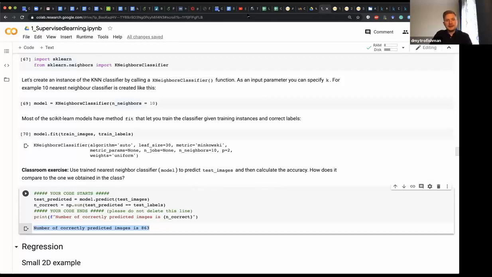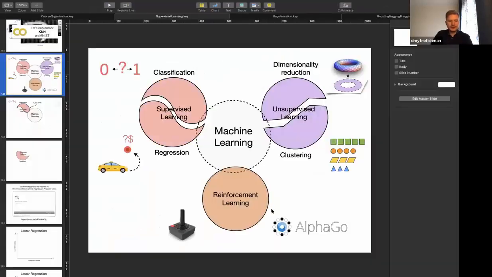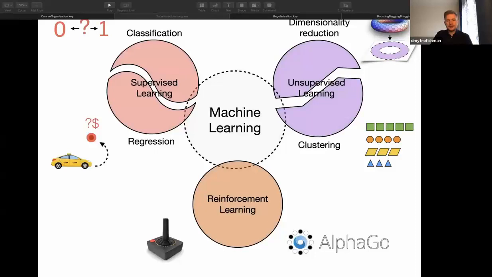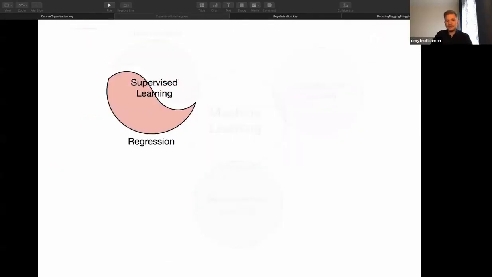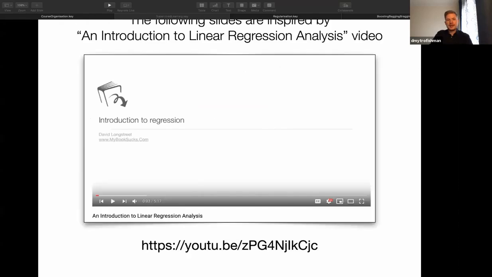But let me go back to my lecture slides. Okay, so we have finished some part with classification. Now I propose to move on to regression, right? The following lecture is inspired by the introduction to linear regression analysis, but it's not just about linear regression analysis.